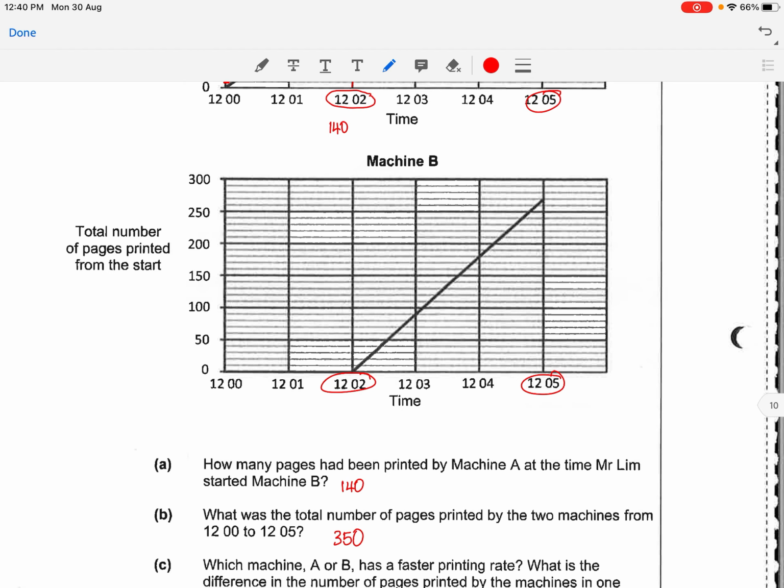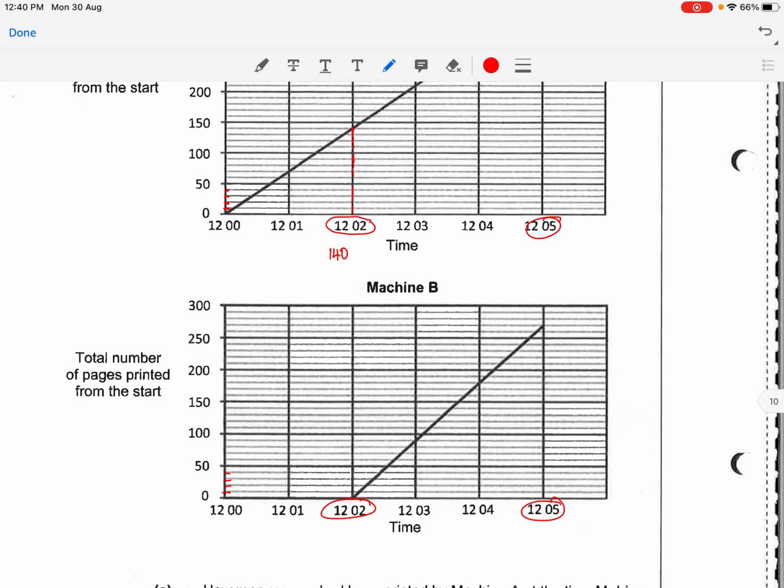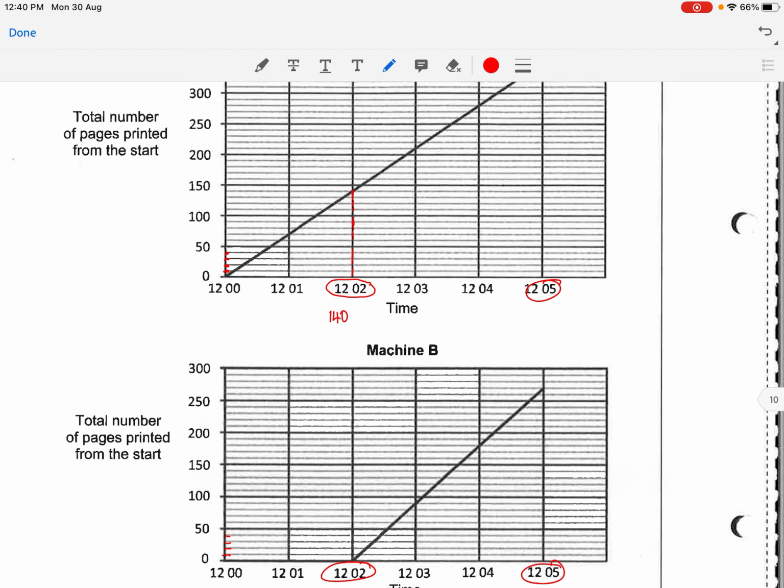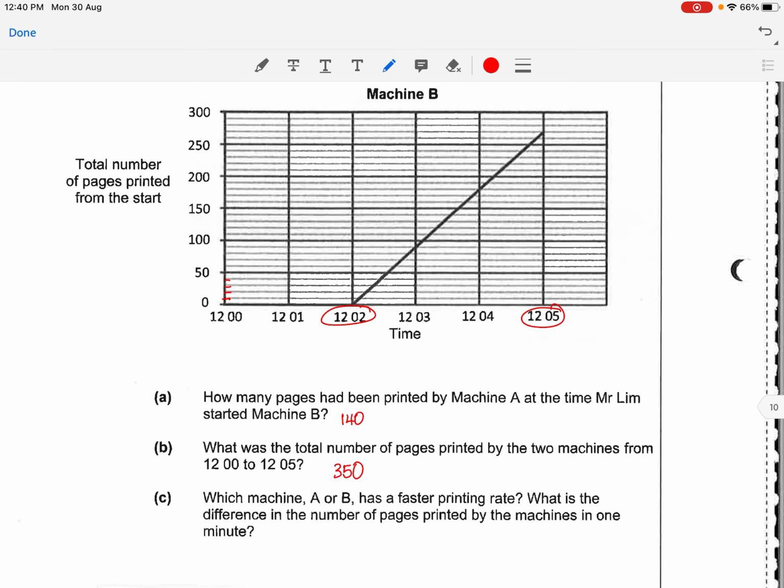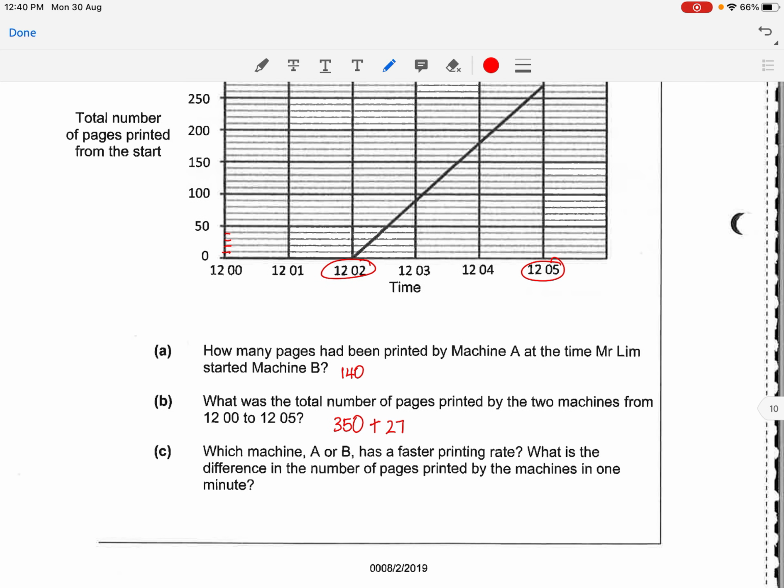I must always check that are the intervals the same. It could be questions that they have different intervals. So always do check the scale. Intervals of 10, I would have 270. So I plus 270 here. So 350 plus 270, I'll get 620.